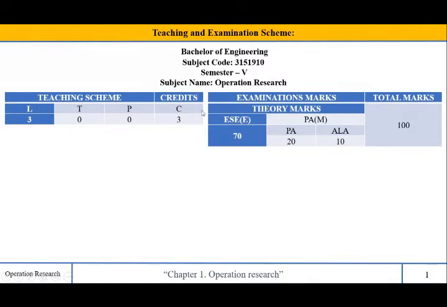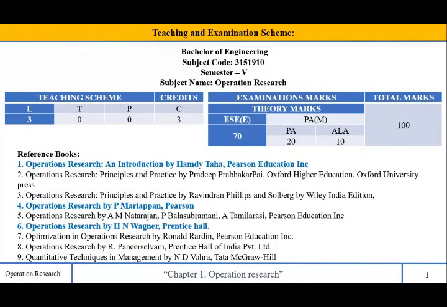So which books should you prefer? GTU has provided 9 different books for operational research. Among them, 3 are my favorites. That is Operational Research: An Introduction by Hamdy Taha, Pearson Education Inc. The second one is Operational Research by P. Mariappan, Pearson.